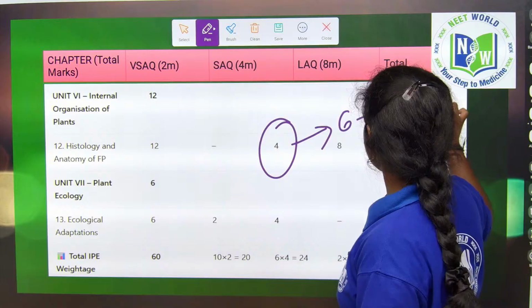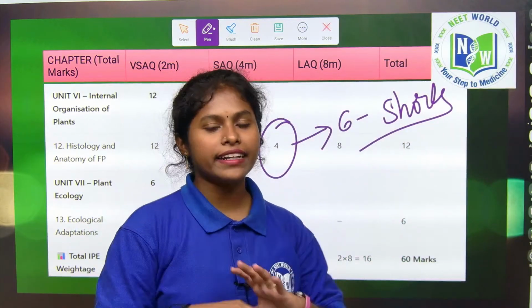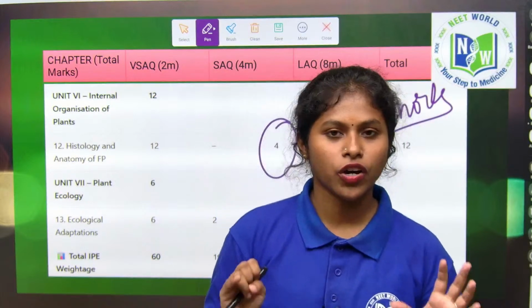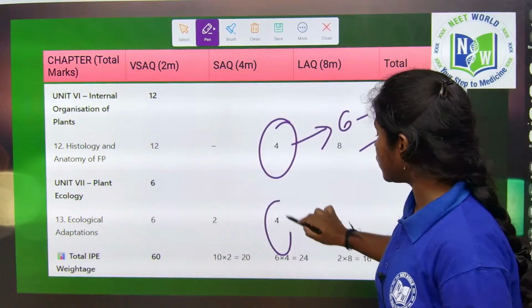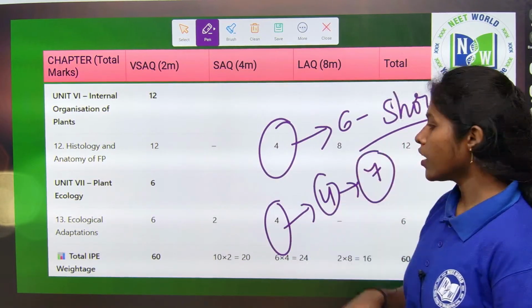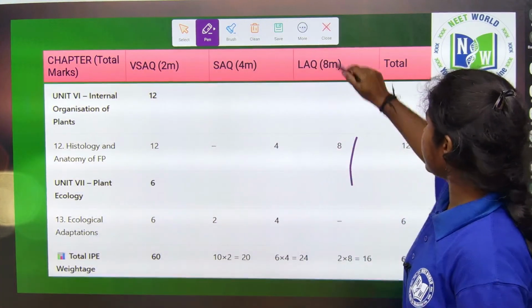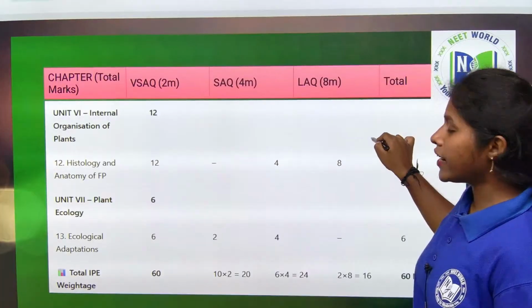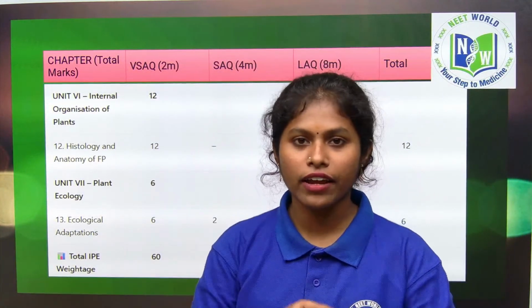If you focus on this pattern, you will definitely write 6 short answers from the given chapters. Coming to plant ecology, you will get 1 short answer type question, which means 7, right? Out of 8, I have to write 6.